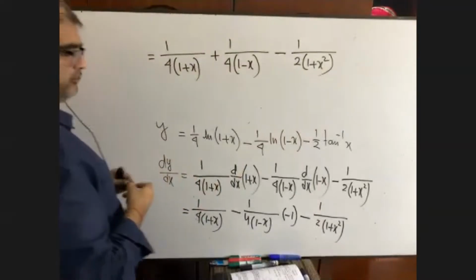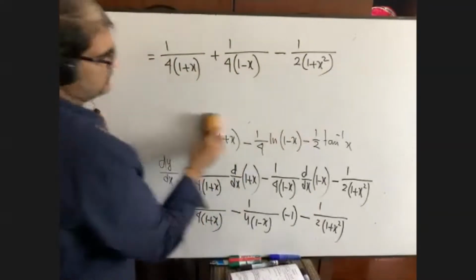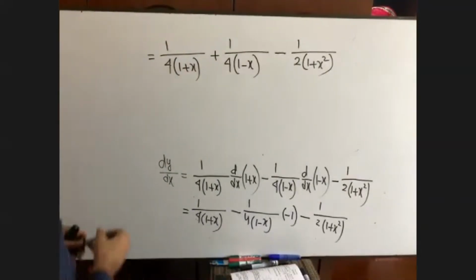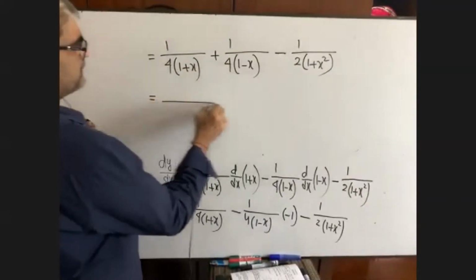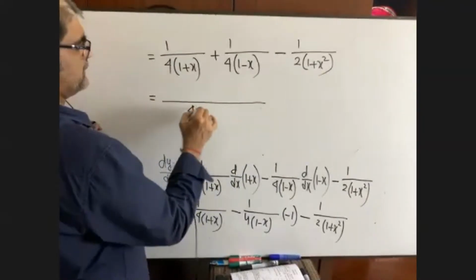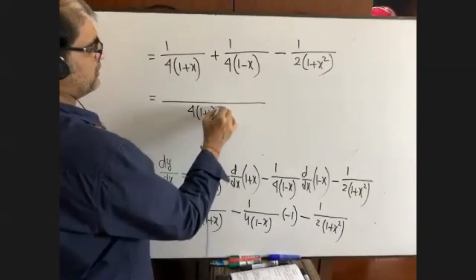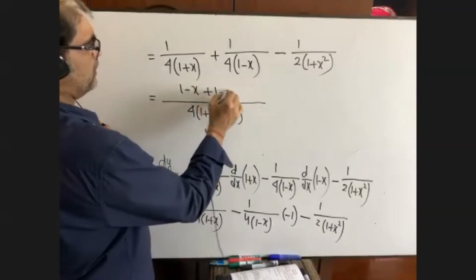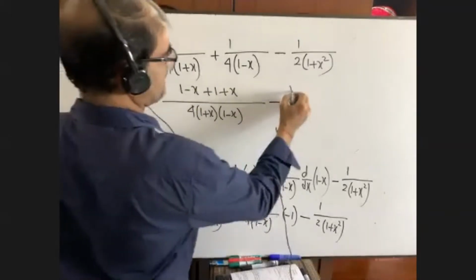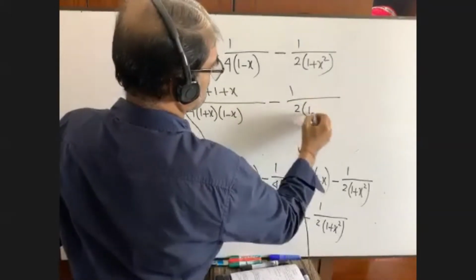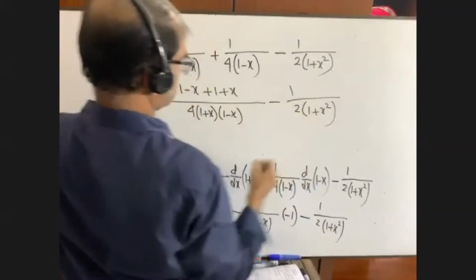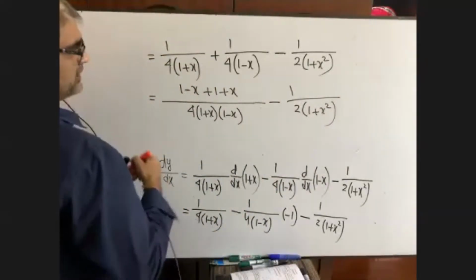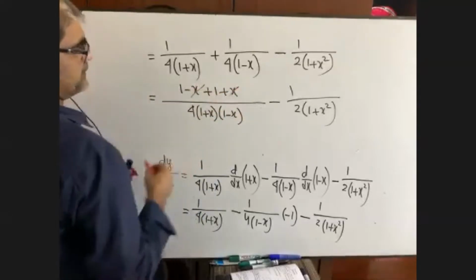Can you calculate it now? I think after that you can do, right? Yes, sir. Suppose you do up to this, 1 plus x and 1 minus x. So it is 1 minus x plus 1 plus x, minus 1 by 2 into 1 plus x square. Now minus x plus x will be omitted.